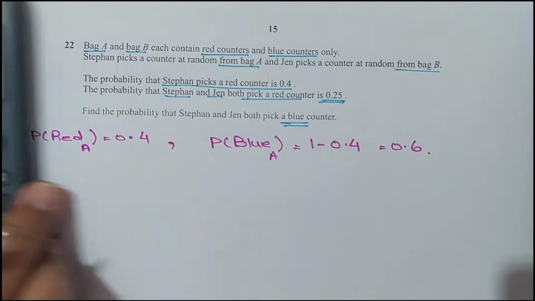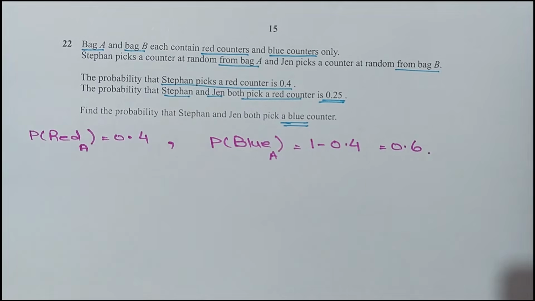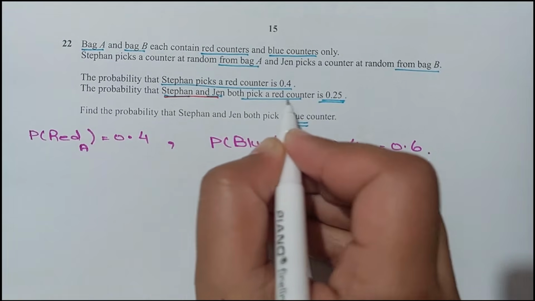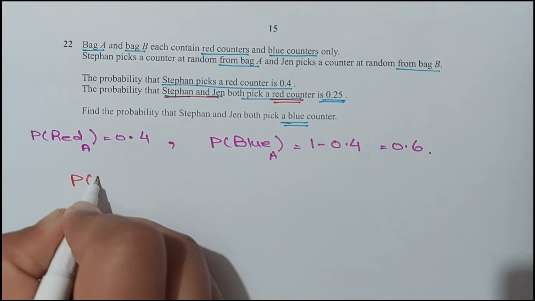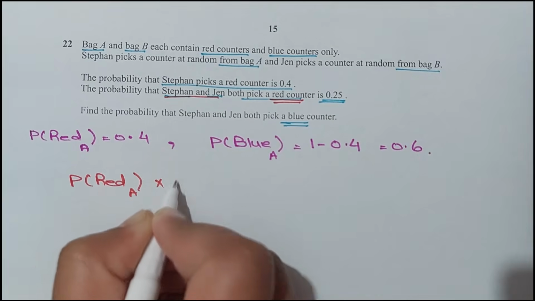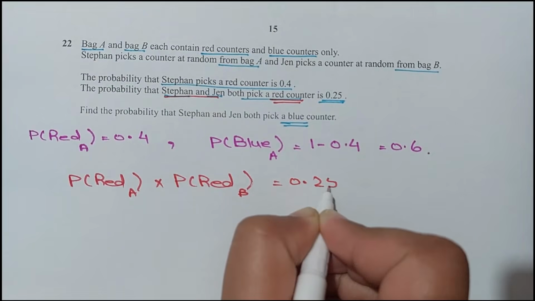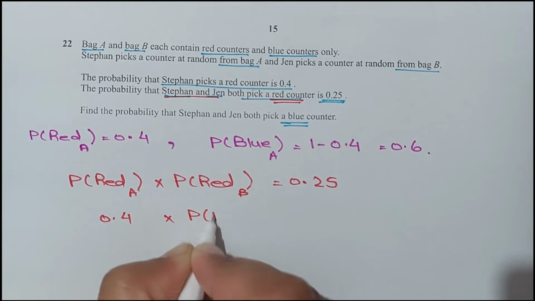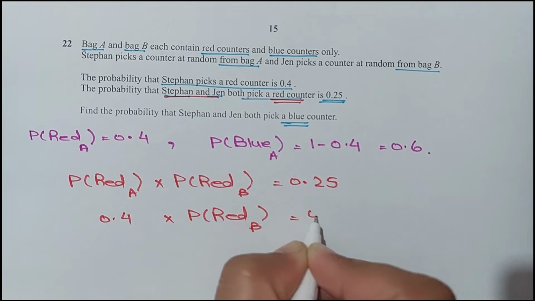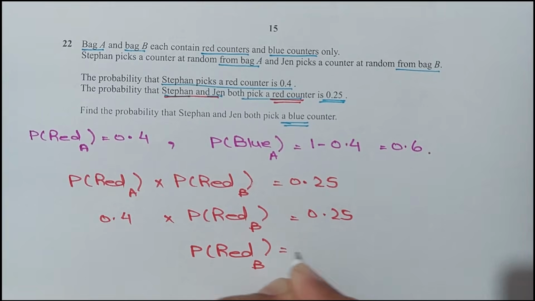Now the next statement says the probability that both pick red counters is the probability of red from A multiplied by the probability of red from B. This is 0.25, which equals 0.4 times the probability of red from B.